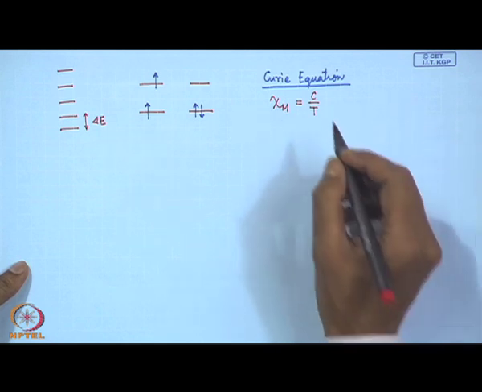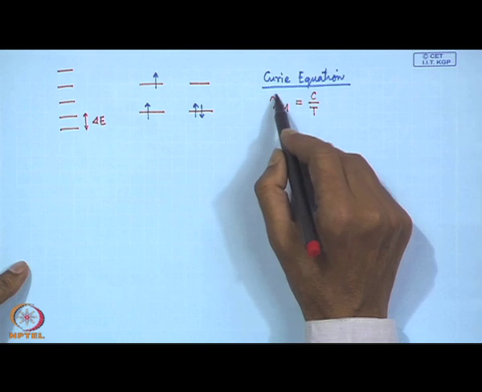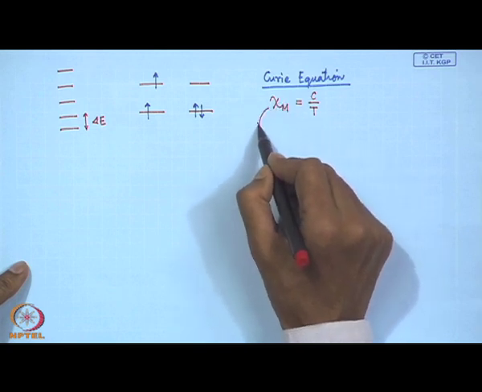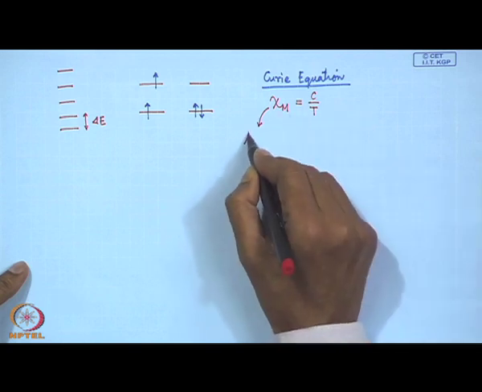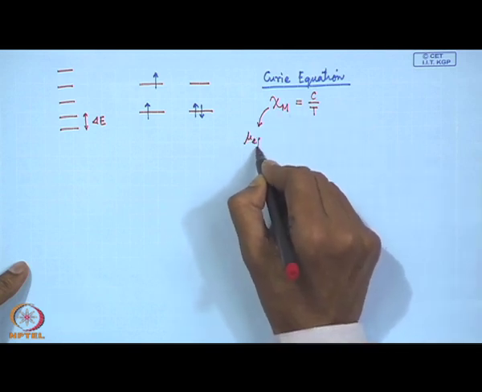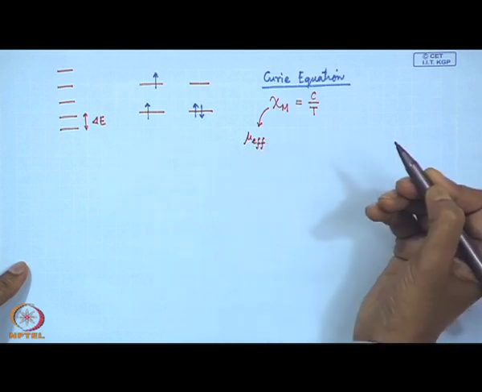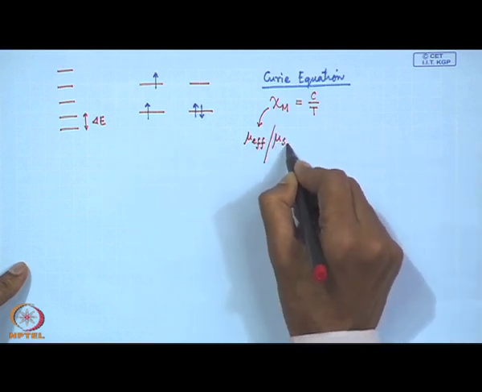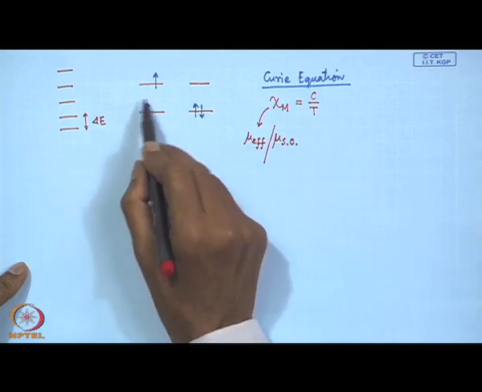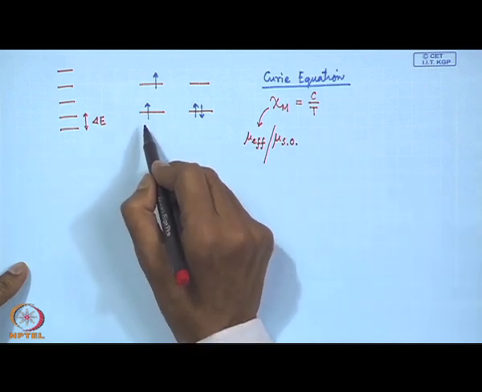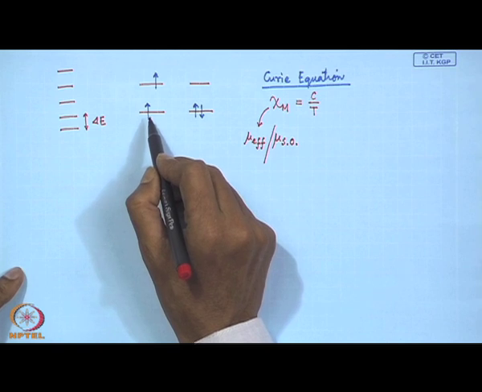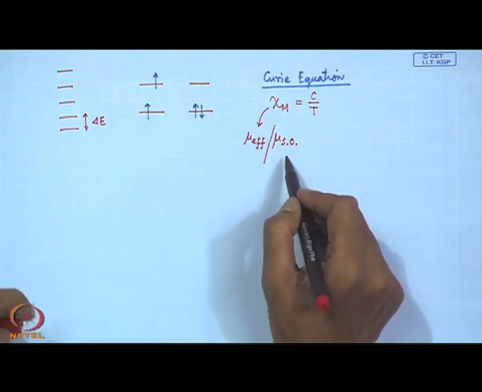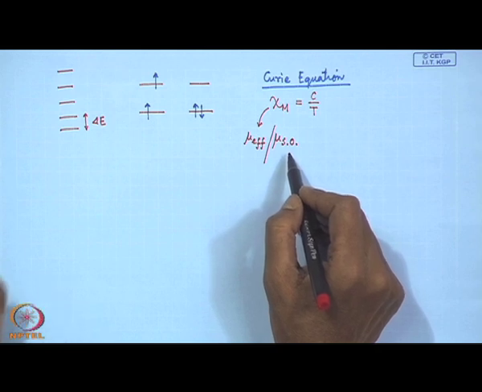We have seen in our last class that this molar susceptibility is very much related to the corresponding mu effective value or the mu spin only value, if we are considering only the spin angular momentum.